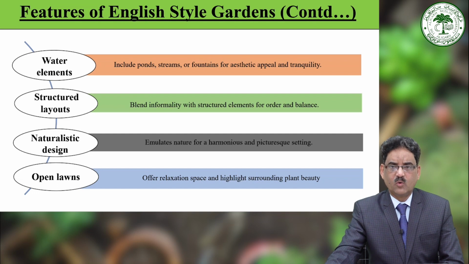The overarching design philosophy of English gardens revolves around mirroring nature. This approach aims to craft an environment that is both harmonious and visually picturesque, drawing inspiration from the natural world. The last one is open lawns.